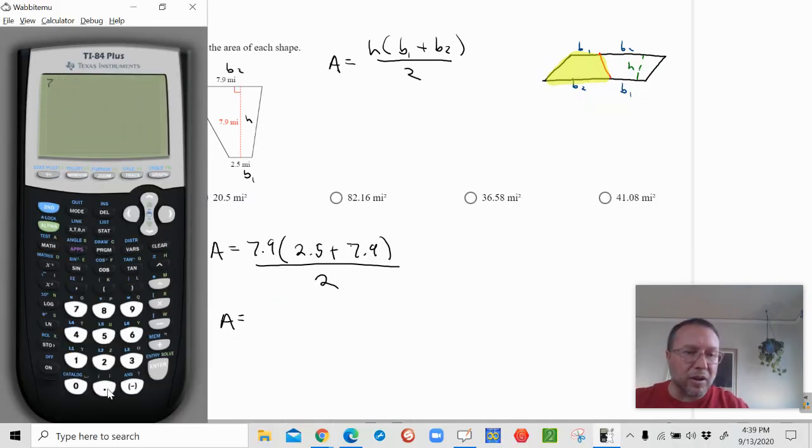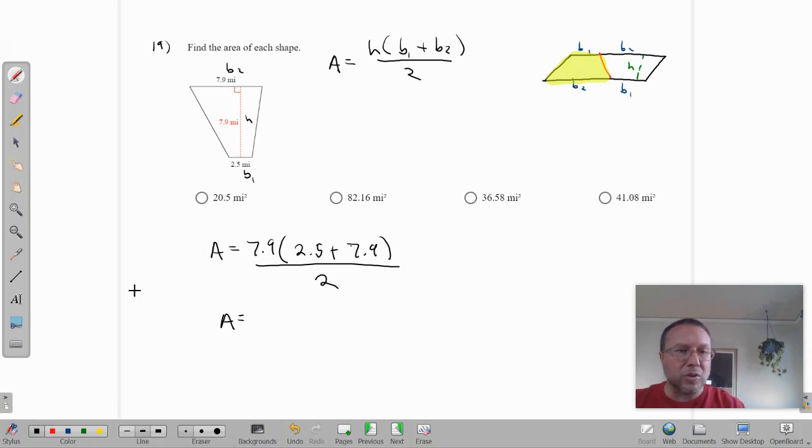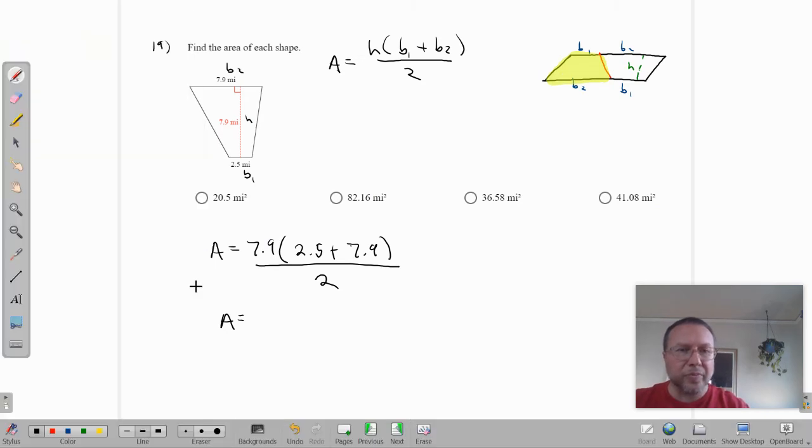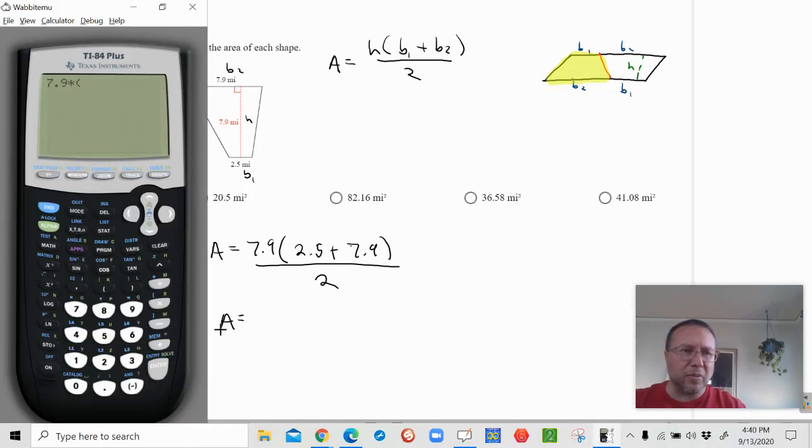So 7.9 times, and then I'll just do some parentheses here, 2.5 plus 7.9. This is just a coincidence, by the way. The fact that the height and the base are the same, that's just a coincidence. There's no special meaning in that. 2.5 plus 7.9, and then we'll do divided by 2.